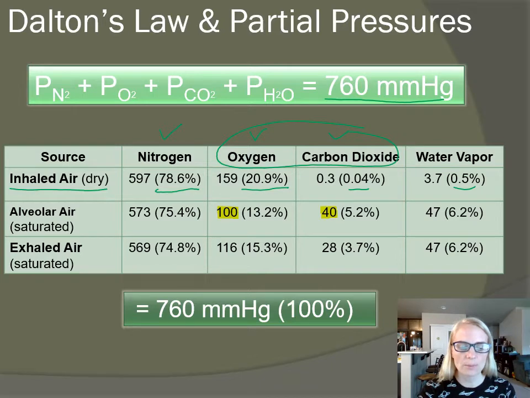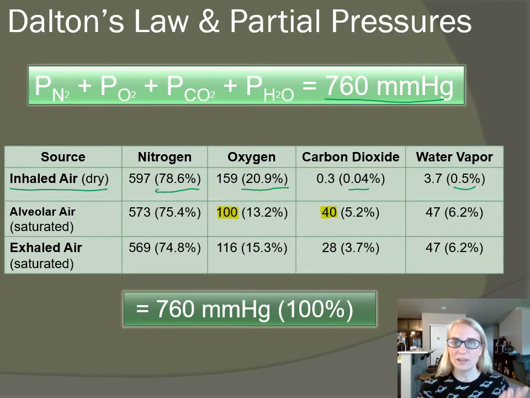One of the major reasons why it's carbon dioxide and oxygen that we're concerned with is because, one, they're lipid soluble, so they can move across the membranes, right, through those phospholipid bilayers. So that's one of their characteristics. Plus, they are also soluble in water, in the watery components of our blood.